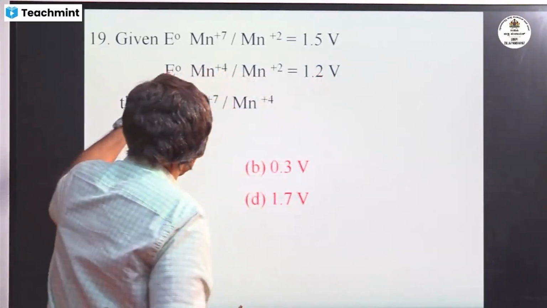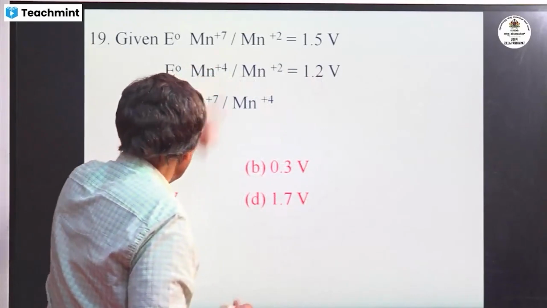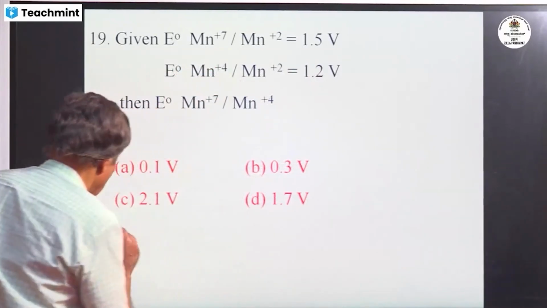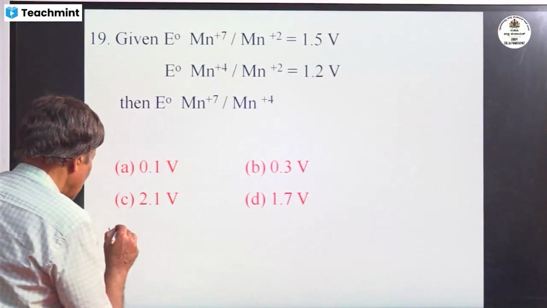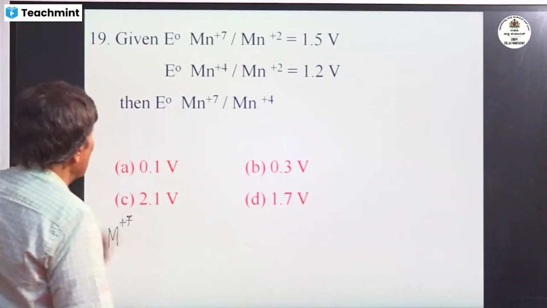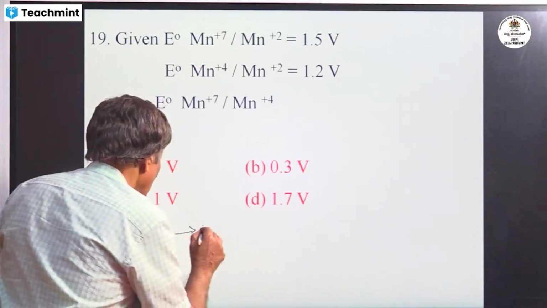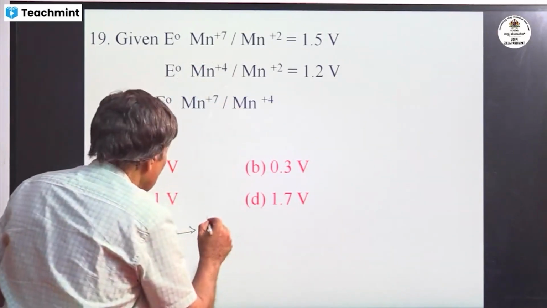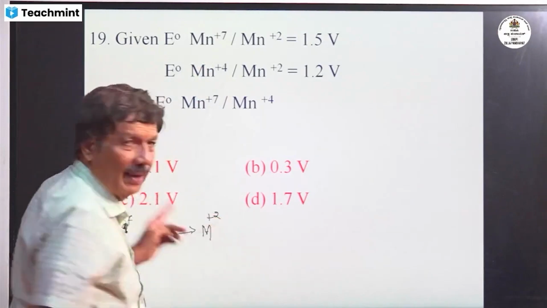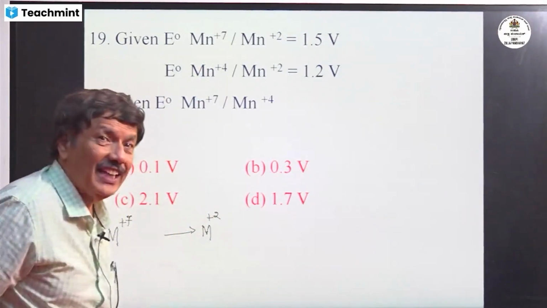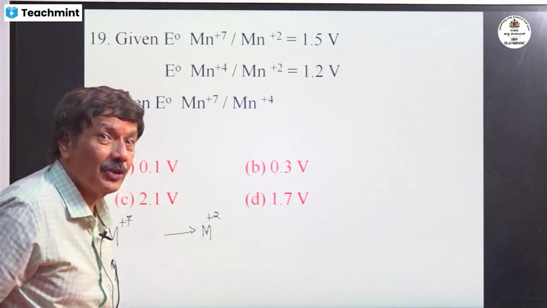So what is the first one? M plus 7. They are converting it into M plus 2. M plus 7 to M plus 2. Can you tell how many electrons you have to add?